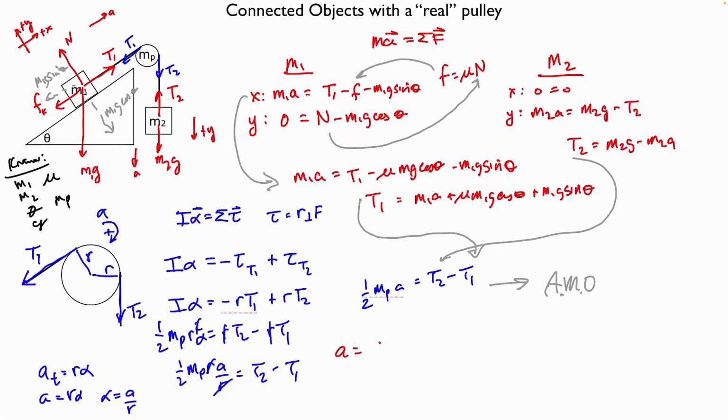Needed more room. a equals g, quantity, m2 minus mu m1 cosine theta minus m1 sine theta, all over m1 plus m2 plus the mass of the pulley over 2.